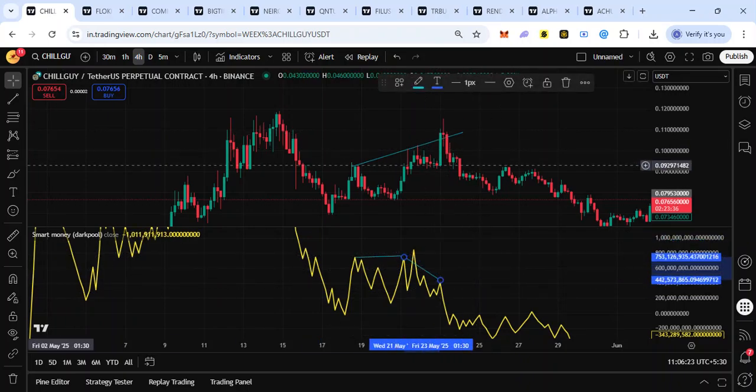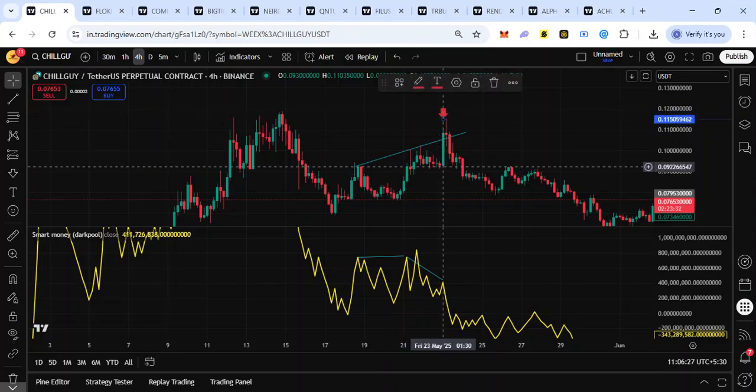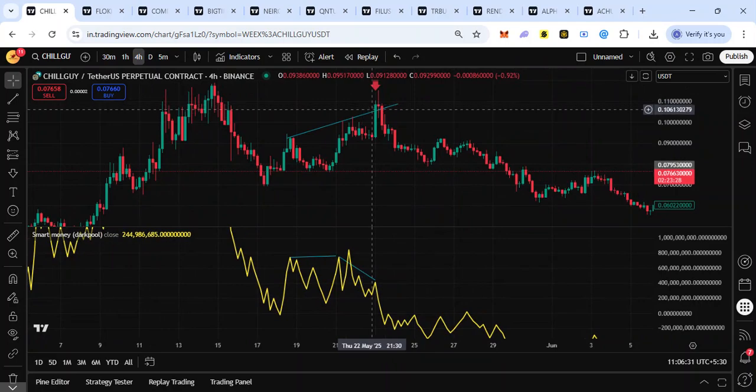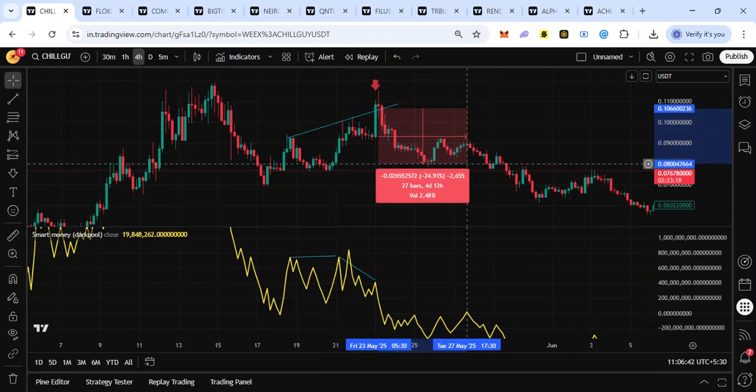That is a clear indication that this is being manipulated or driven by retail. You will see a very good drop in the price, almost 25% in the spot market. If you're taking 10x leverage, that will be 250%.